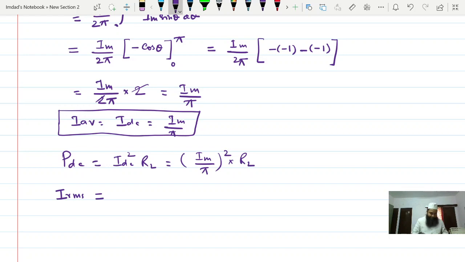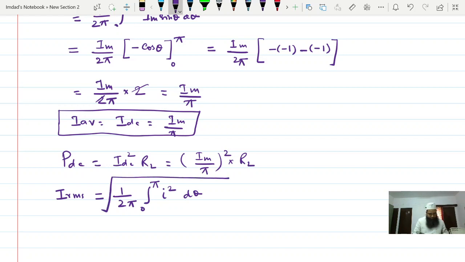We can write 1 upon 2 pi, integral 0 to pi, I square d theta, under root.